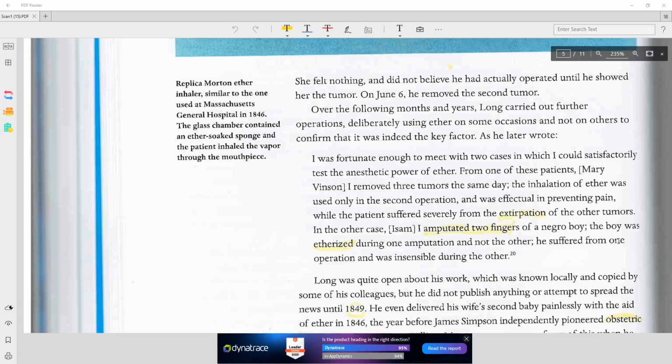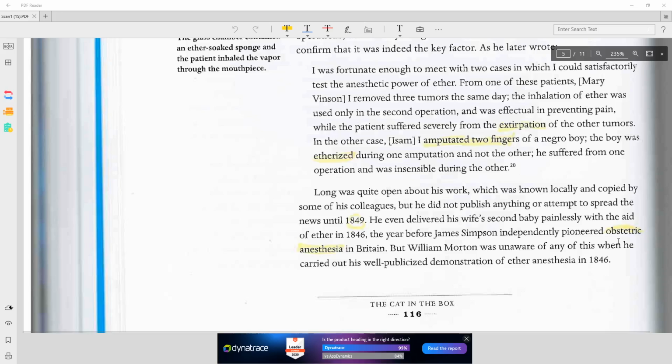As he later wrote, "I was fortunate enough to meet with two cases in which I could satisfactorily test the anesthetic power of ether. From one of these patients, Mary Vincent, I removed 3 tumors the same day.